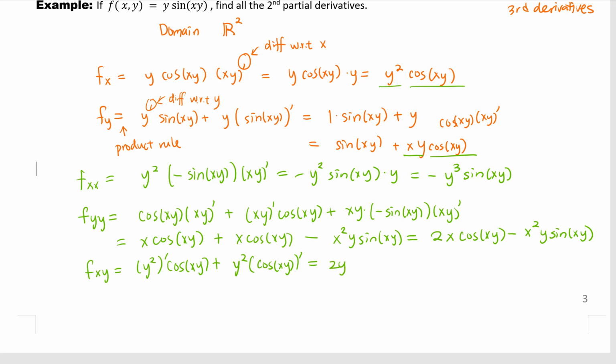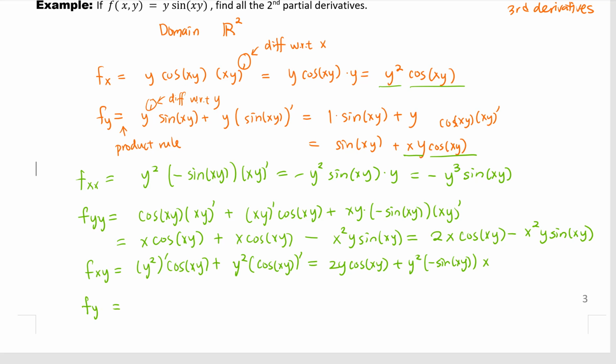So that's 2y cosine xy plus y squared times the derivative of cosine, which is minus sine xy, and then the chain rule (xy)'. Because we're taking the derivative with respect to y, (xy)' is x. So far so good, everybody. Sorry, I don't have enough space, so let's not simplify it.